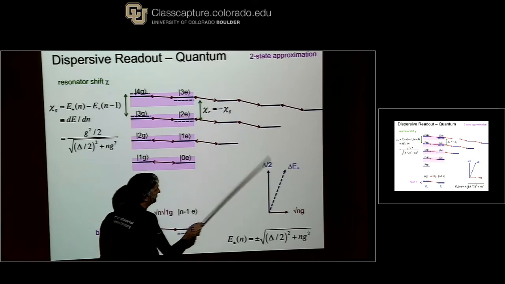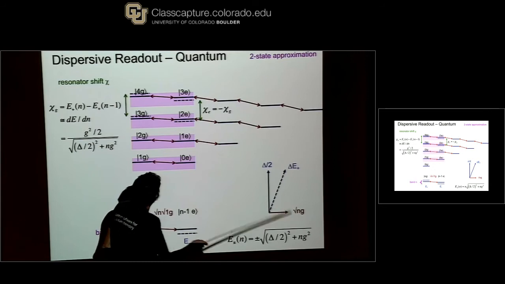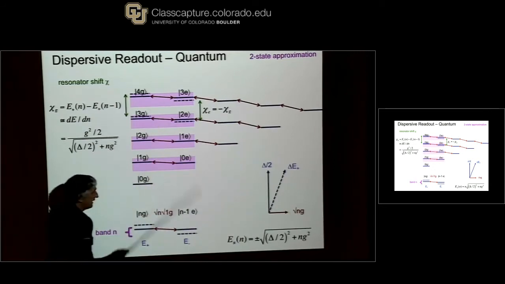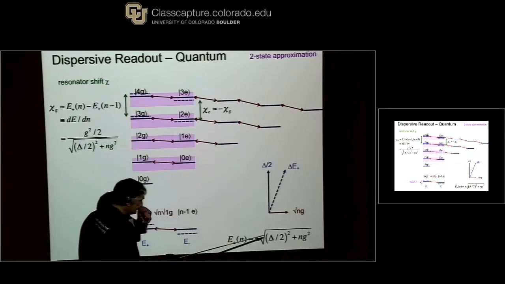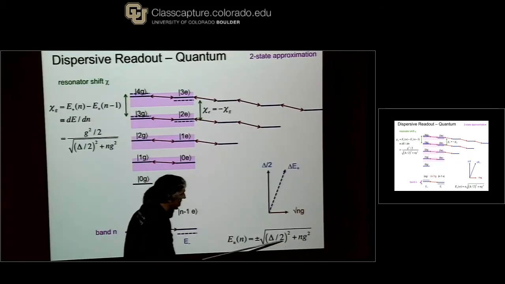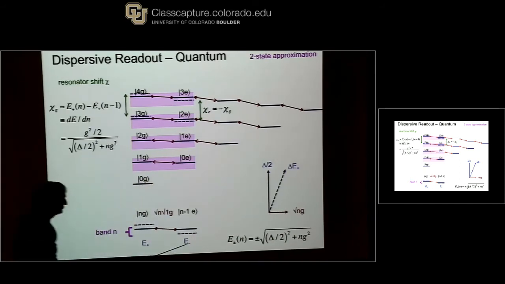And you have a transverse coupling here that's root n g going in this direction, so the energy is just given by this, right? Remember, you just add these two vectors in quadrature to get the total length. And then if I want to compute dE/dn, I just do that, and you get this formula here.